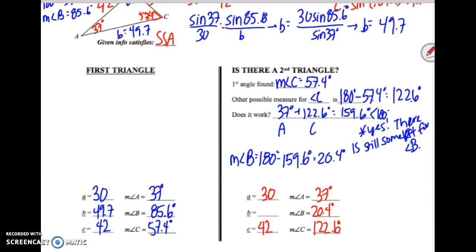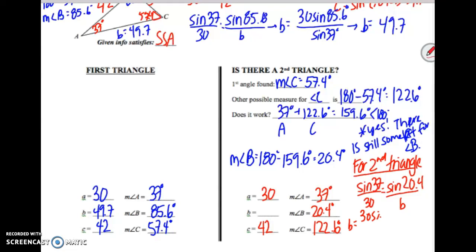To find the side length of B, we can use the law of sines. So for the second triangle, we can take sine of 37 over 30 and set that equal to sine of 20.4 over B. And then we know B equals 30 sine of 20.4 divided by sine of 37 degrees.